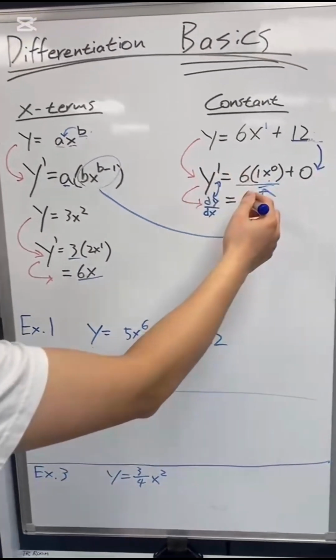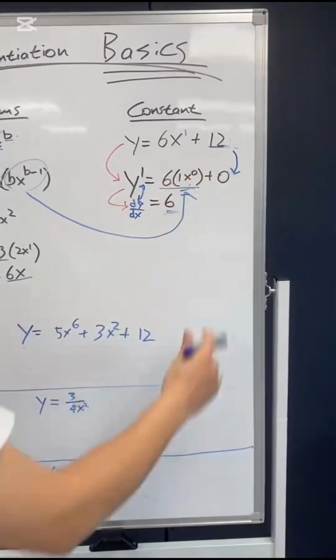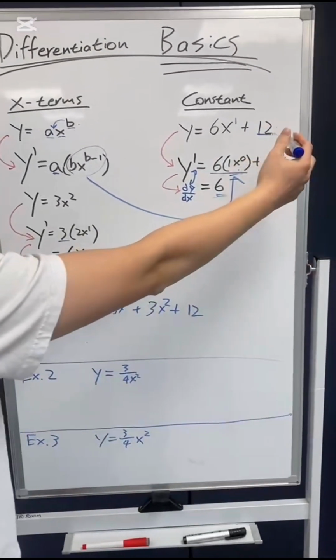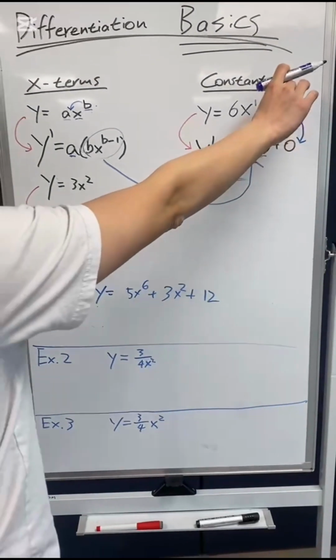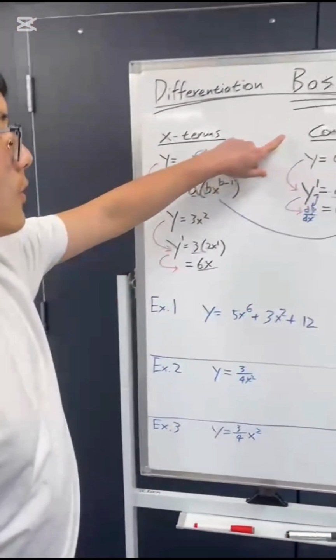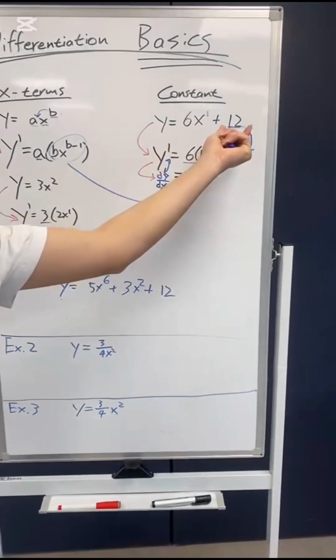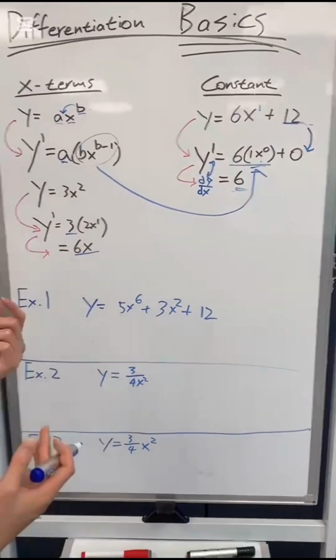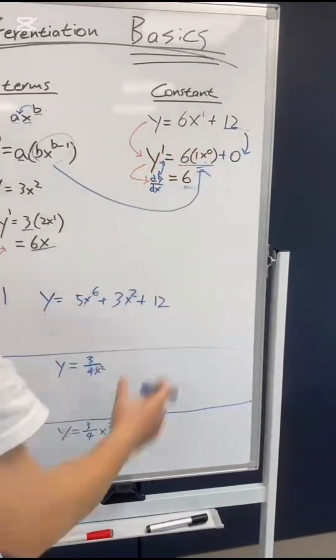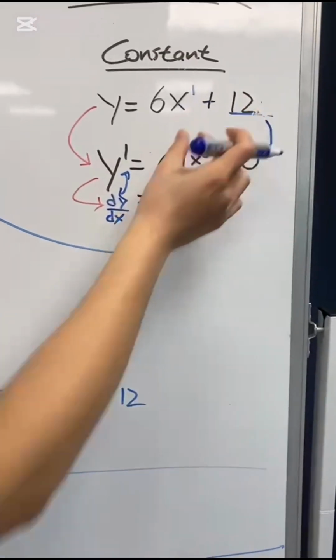And for the result, we get 6 from 6x plus 12. So no matter what the constant is, you just turn it into a 0. And for differentiating with multiple terms, like 1 term, 2 terms, you just do differentiation for each of the terms separately, and you add or subtract them all at the end.